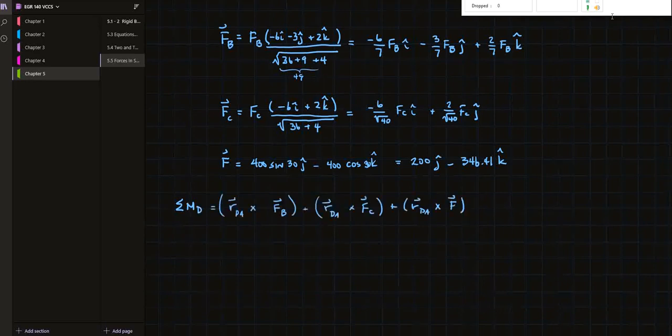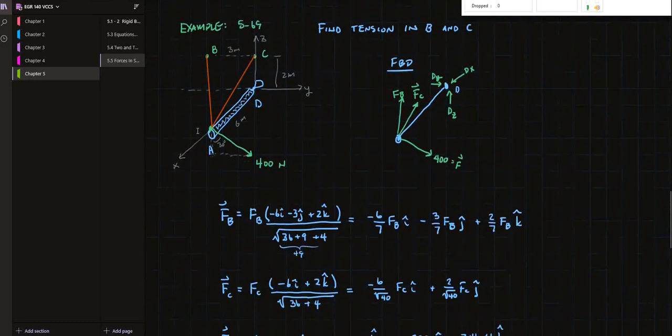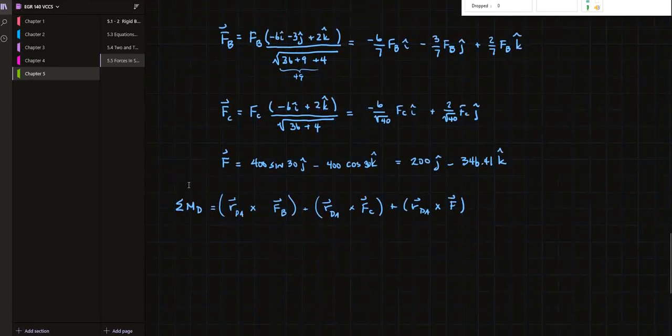So the moment about D is going to be R from D to A. So it'll be an arm, this arm here, or that'll be my position vector, and it goes to all three of these vectors, so I can just use that same R. So RDA cross FB plus RDA cross force in the C plus RDA cross the force.